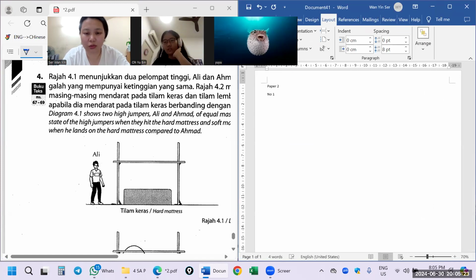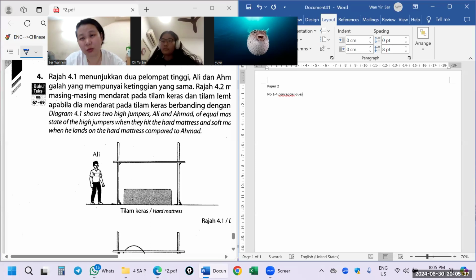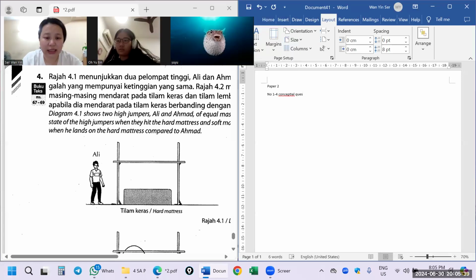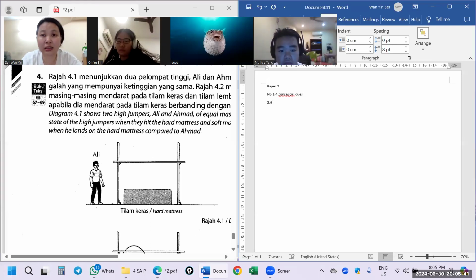Number 1 to 4 is conceptual question. Means they will ask you about some concept lah. Then 5 and 6, hi Kayang, hi you. Okay, 5 and 6 is comparison. This is what I want to tell you.